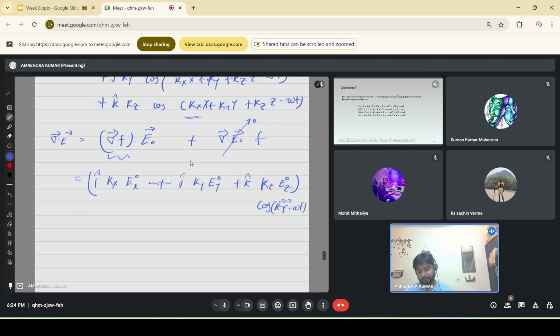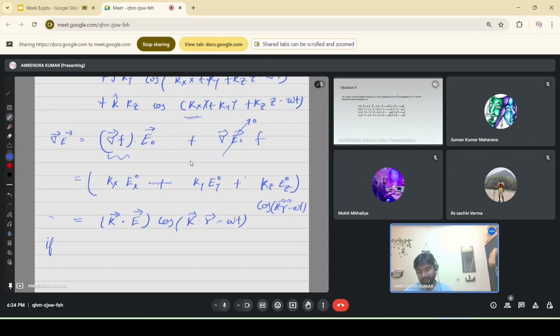Okay, so from here we can write this as k vector. There won't be any vector now because i, j, k, it's a dot product, so it can be written as k dot E naught into cos of k dot r minus omega t.